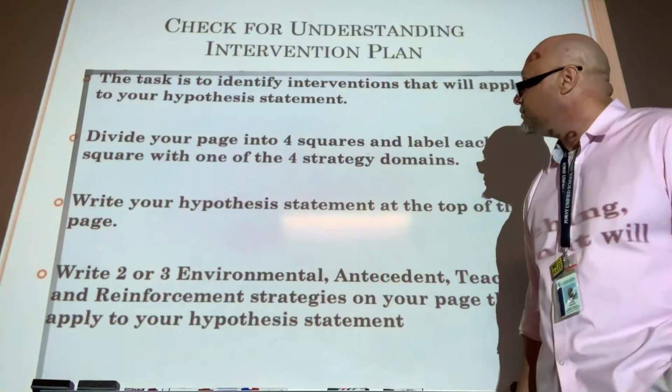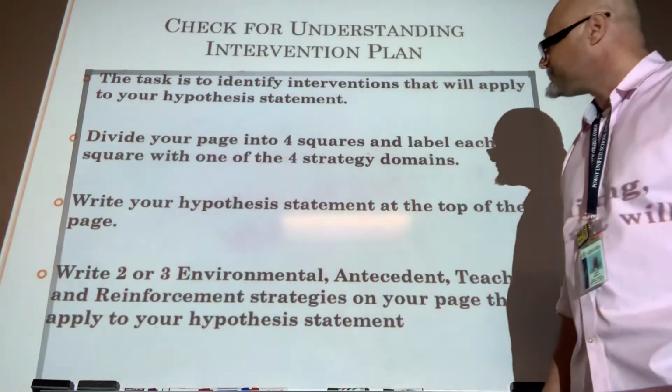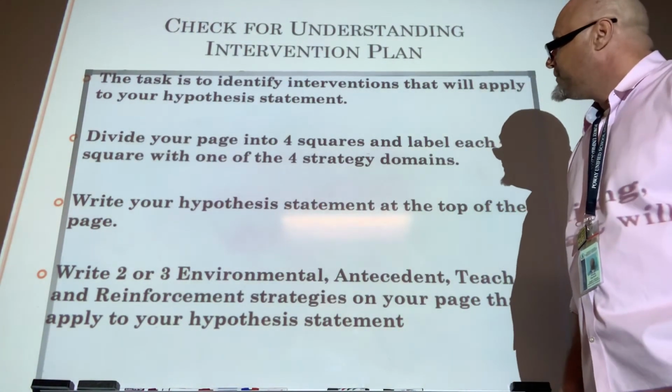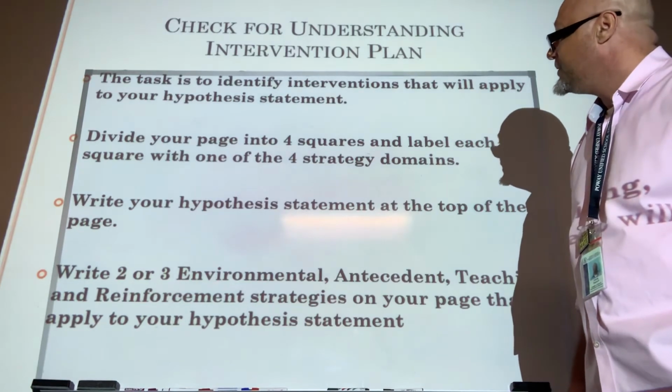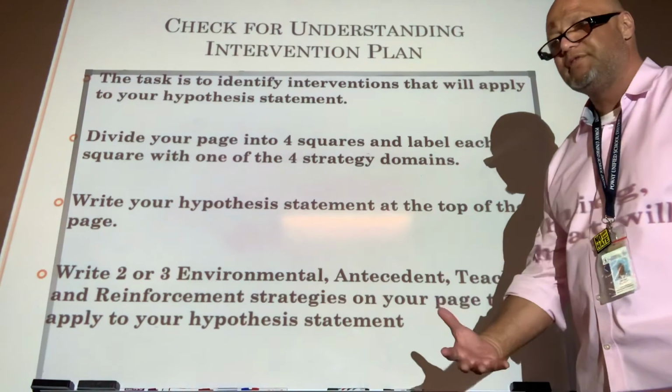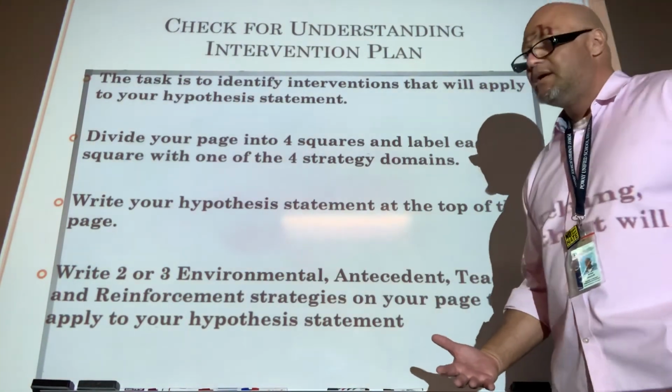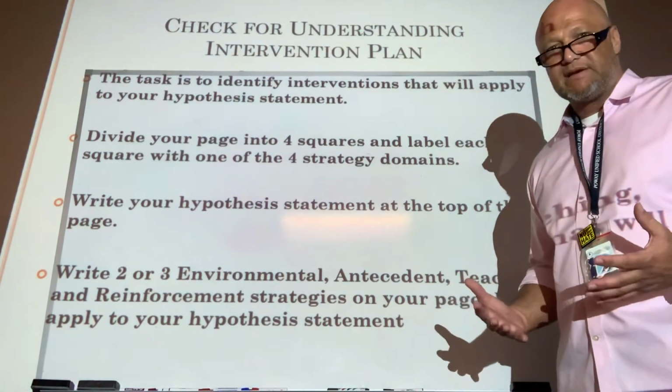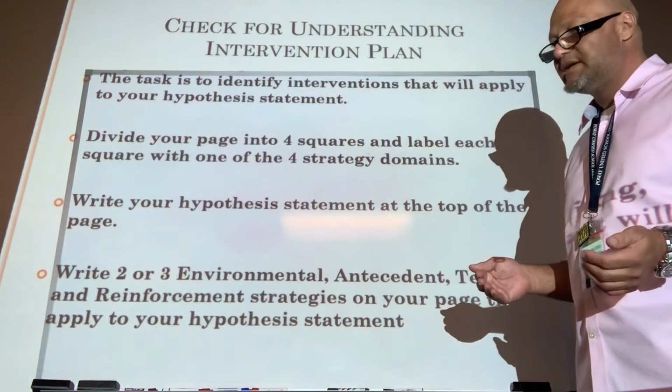What I want you to do is, so we've talked about when we had your authentic situation. Now what I'm wanting you to do is actually take it a step further.